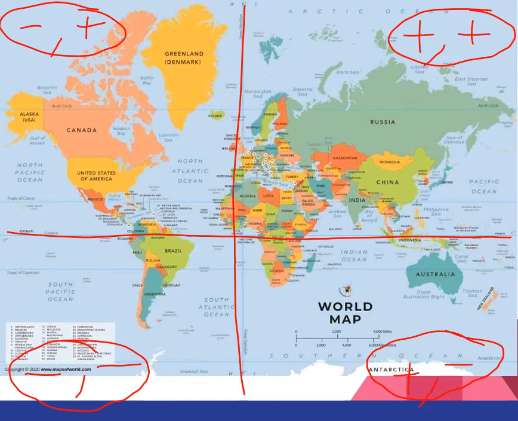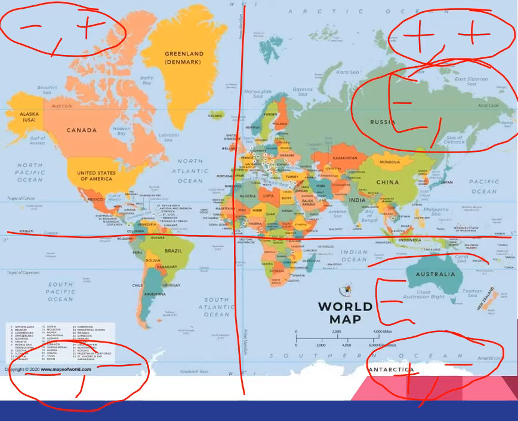Instead of positive and negative, we know that these are east and west and north and south. If moving to the right is moving to the east, then everything on this side of the map is going to be east, because you're always moving east from the prime meridian.